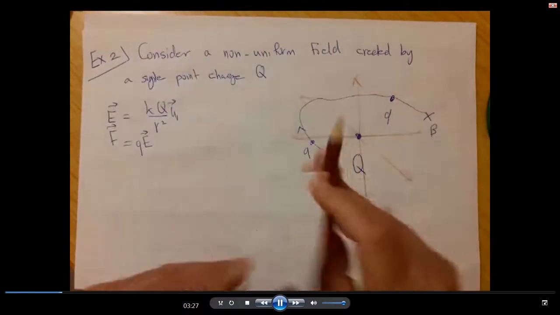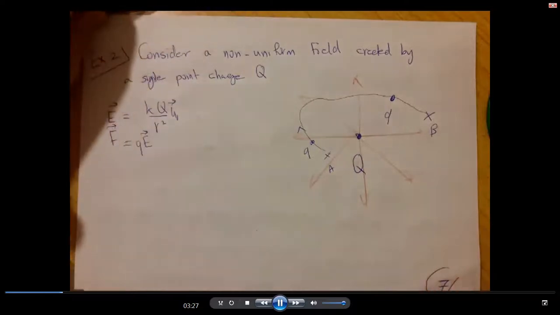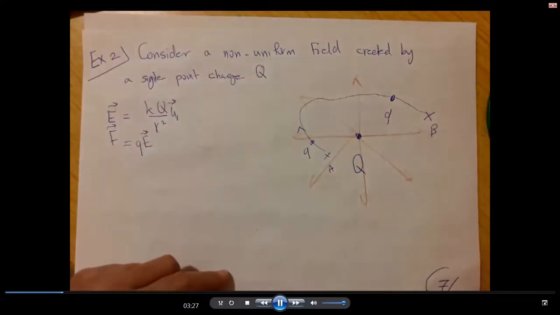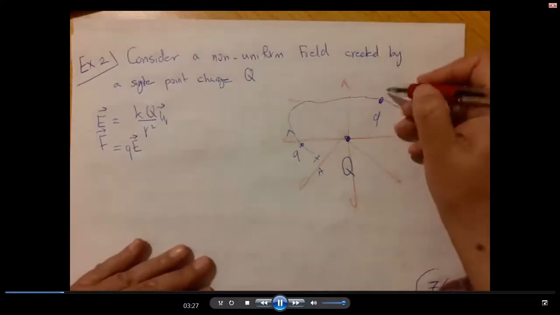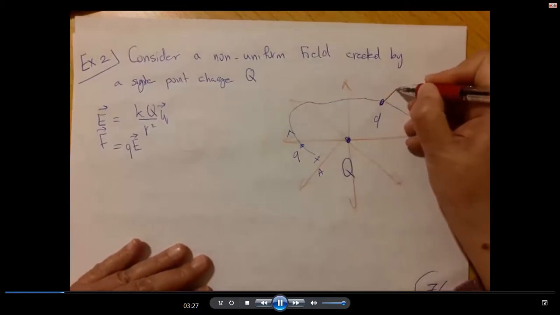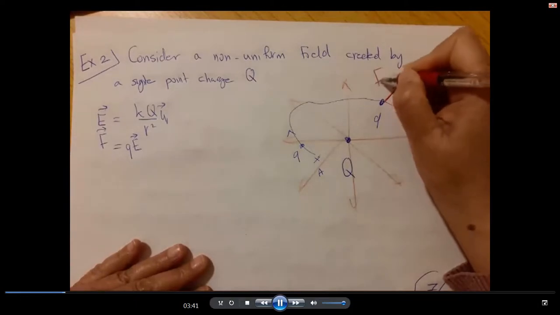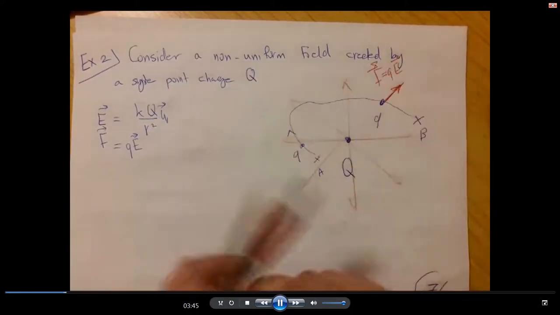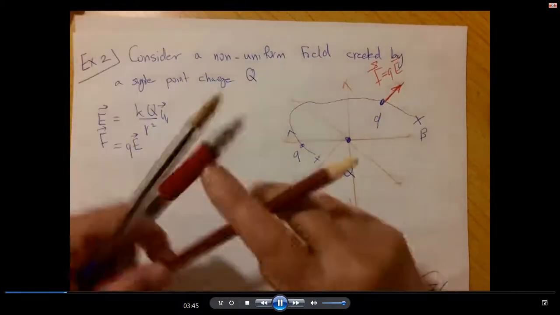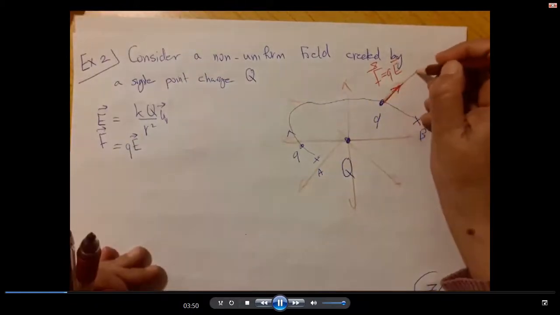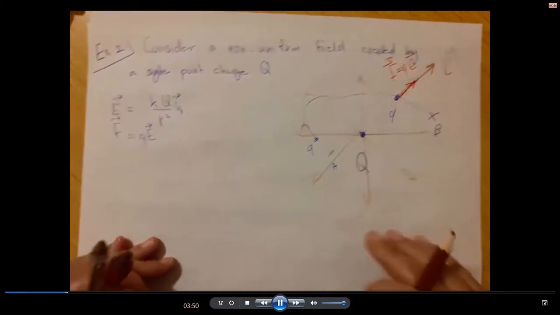So at this location the electric force is this, Q times E, with the E. If small q were negative it would be against the E.